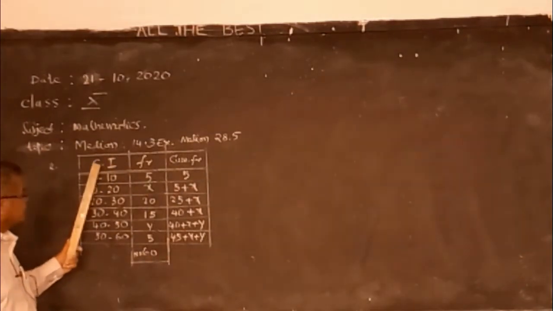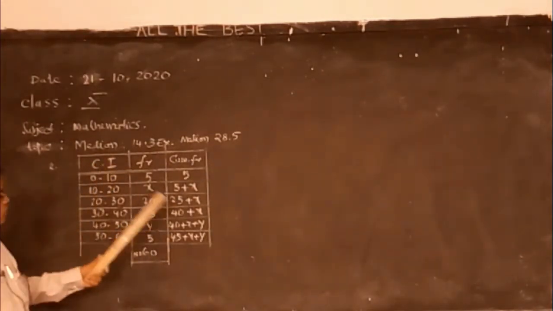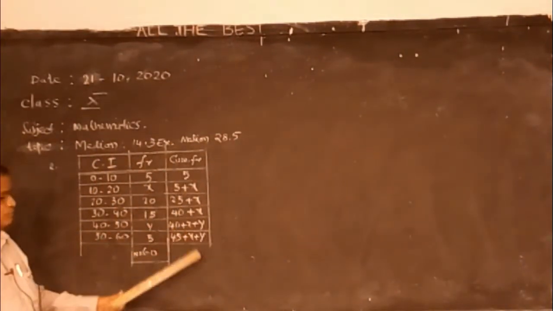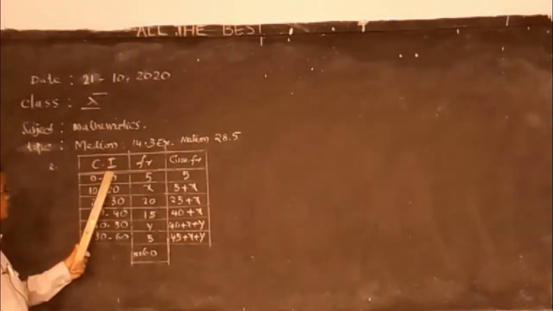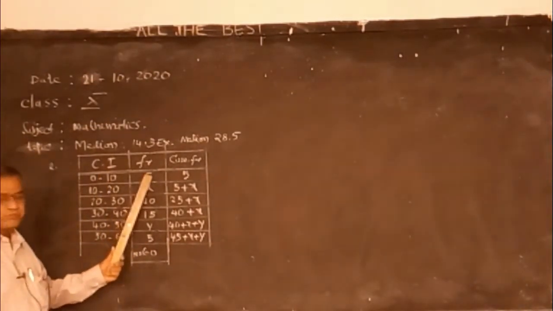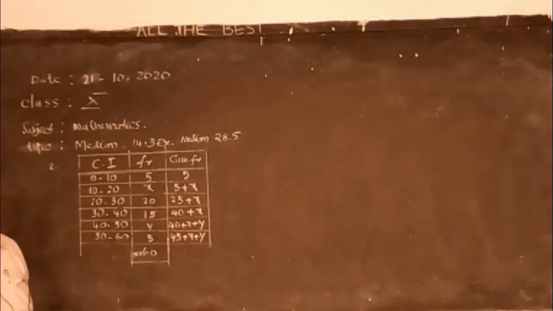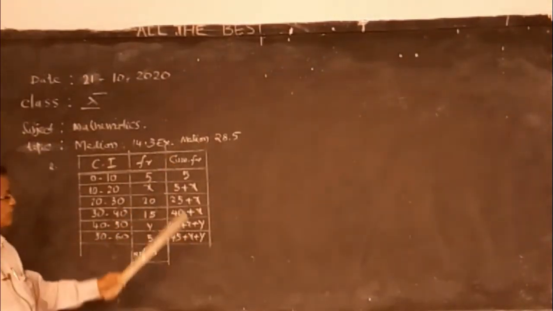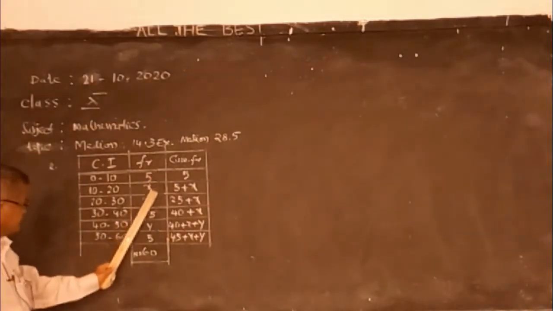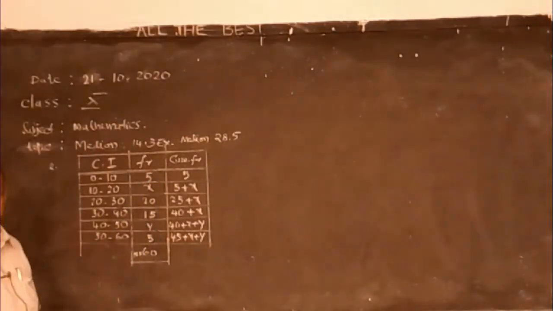Now for median calculation, we have to draw three columns. Two columns will be there in the question, and one more extra we are taking: cumulative frequency. And you already learned in earlier classes what cumulative frequency is. Cumulative frequency is nothing but successive addition of the frequencies.